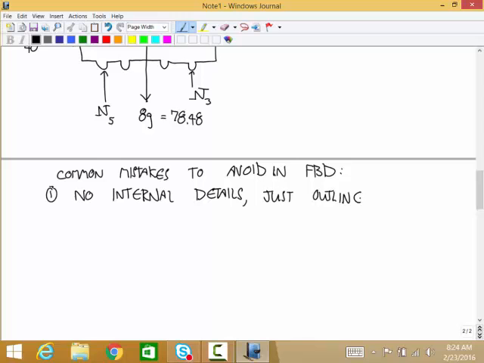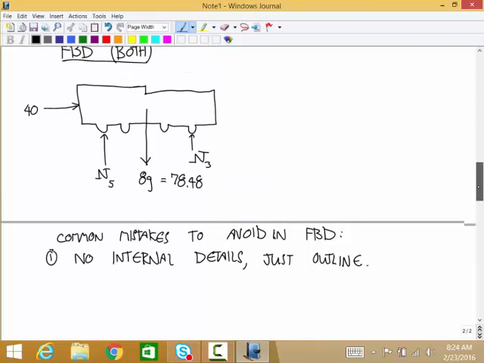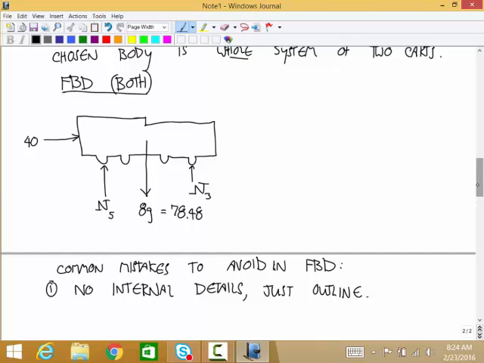Just an outline. That's because the key thing for the free body diagram is that you're breaking up the universe into two teams. Your chosen team and everything else. So you want to make a very clear boundary between what's your chosen system, your chosen object, and everything else. And that outline gives you the boundary between those two things.